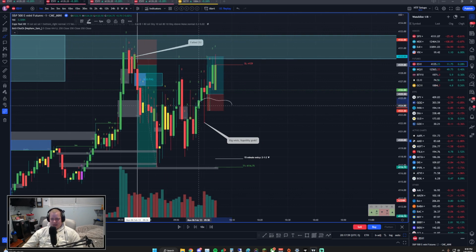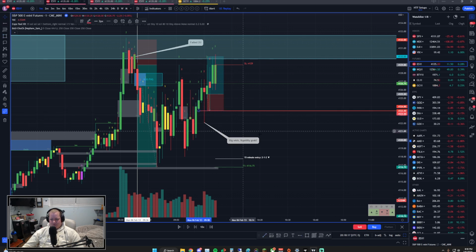And again, this example is the reason why I use soft stop losses. Really my stop loss was going to be this area here. Let me clean up the chart for a second. My stop loss was going to be right at this candle's low.